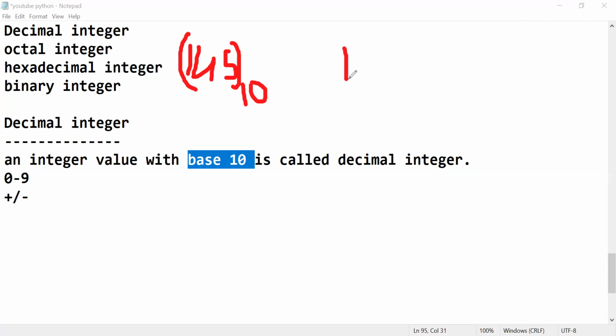For 145, we treat the positions as 0, 1, 2.